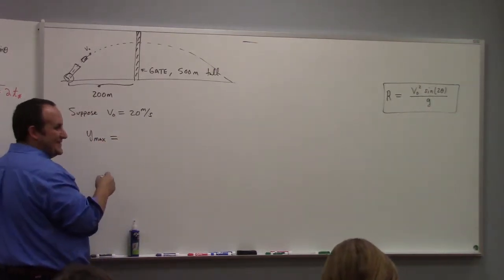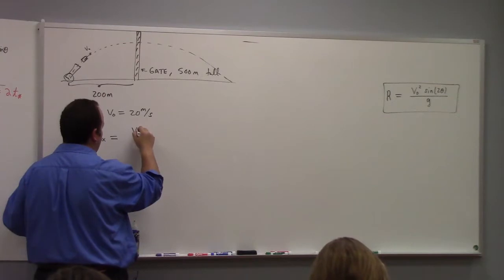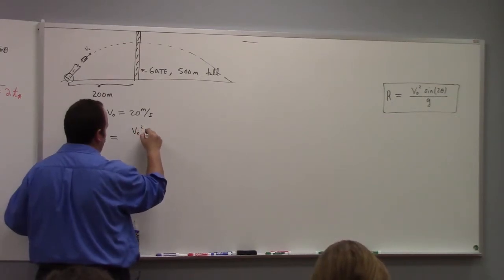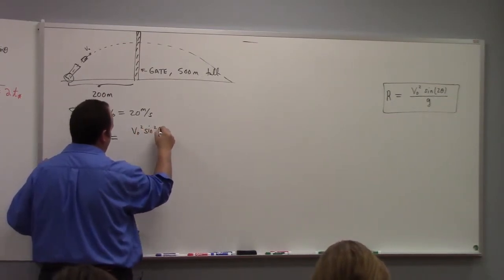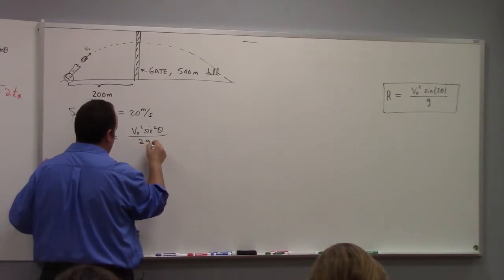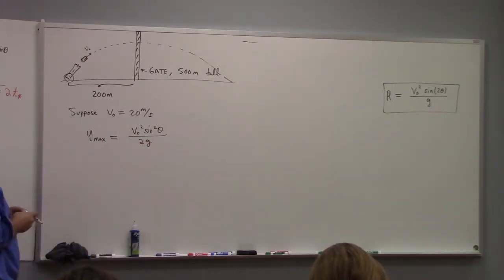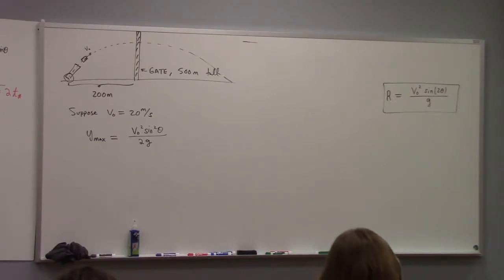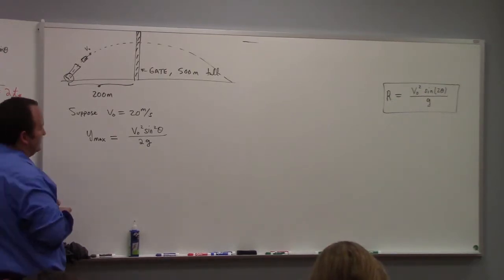The formula I just erased: v naught squared sine squared theta divided by 2g. Now we want to be as greedy as possible. Again, this is just a back-of-the-envelope calculation.